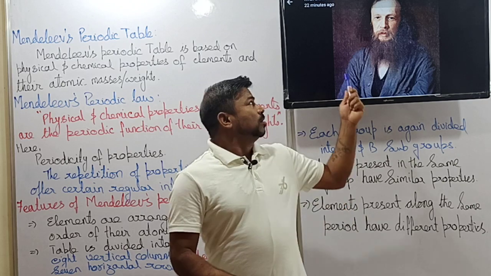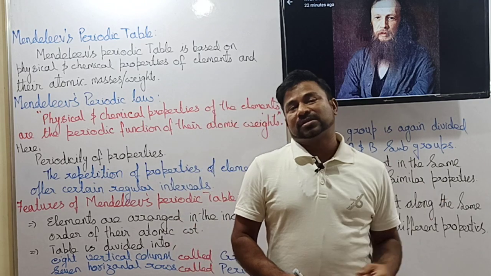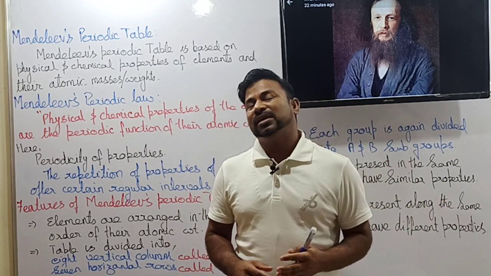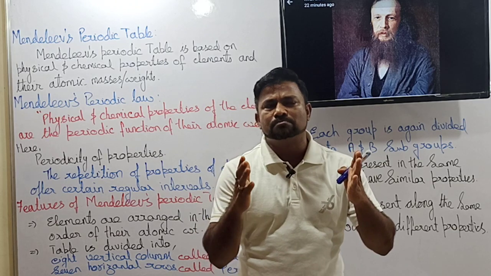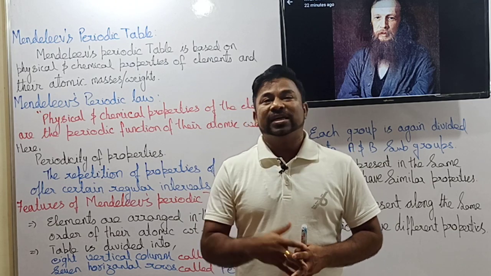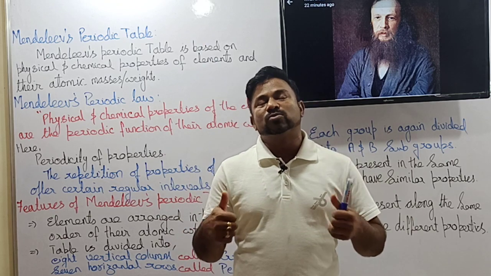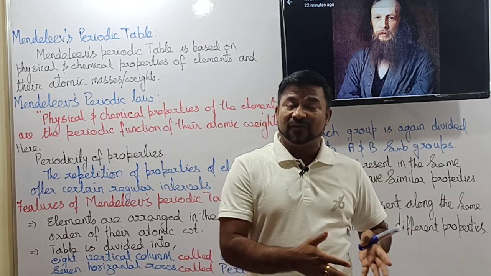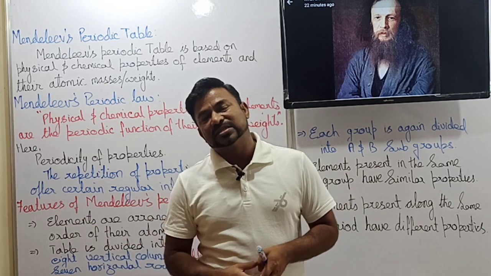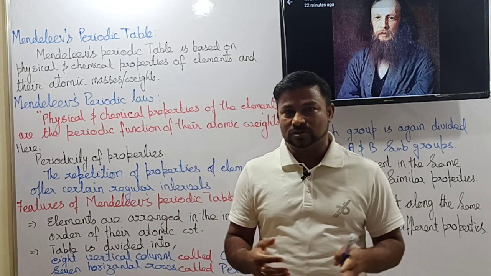Our chemist Mendeleev definitely put forward a beautiful one. Of course, it has certain limitations, but frankly speaking, it is one of the best. It laid the foundation for the next one, the modern periodic table, which we are using now.